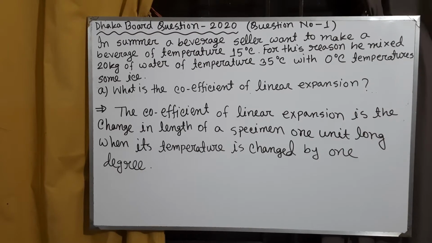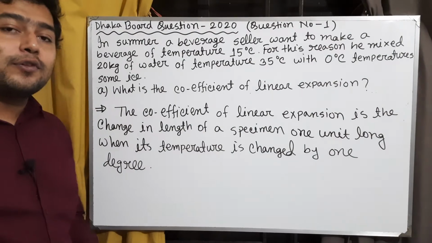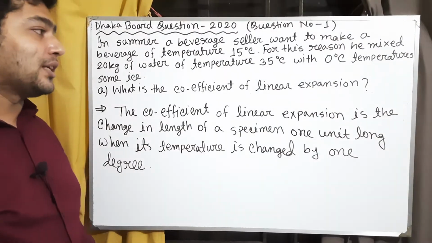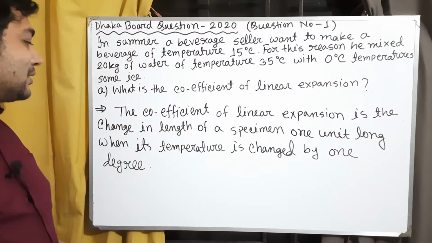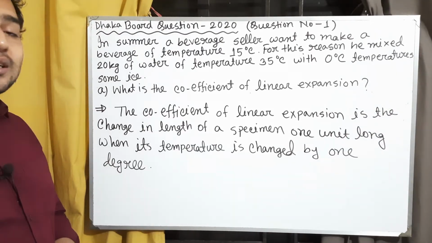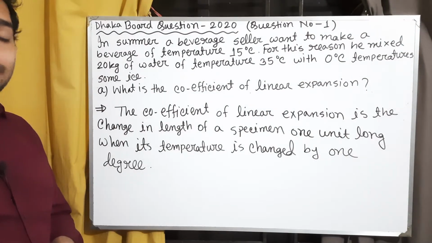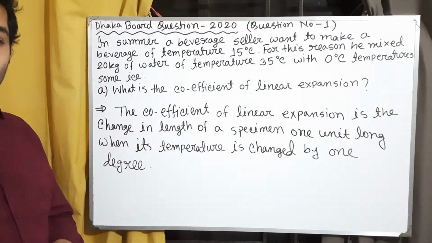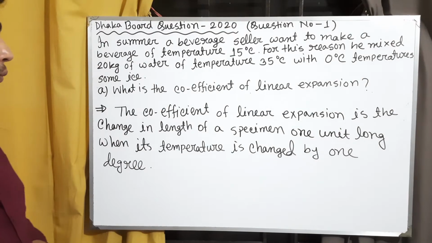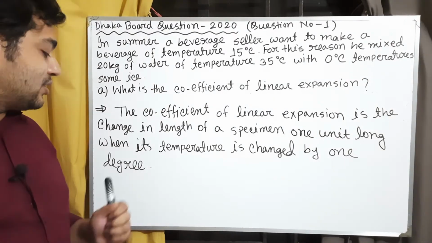Our first question is, what is the coefficient of linear expansion? The answer is, the coefficient of linear expansion is the change in length of a specimen 1 unit long when its temperature is changed by 1 degree.